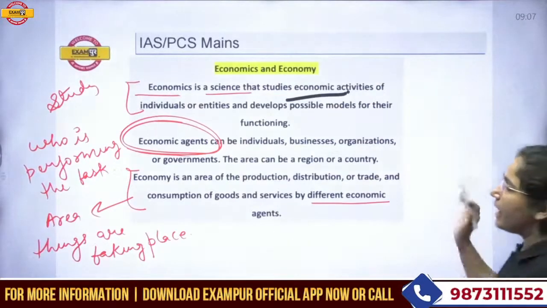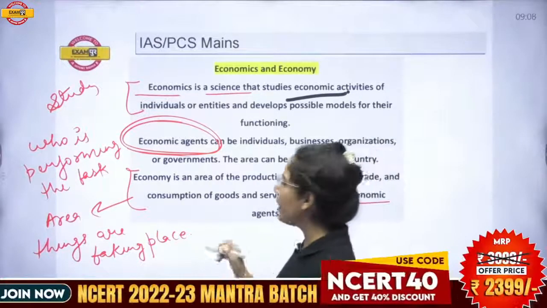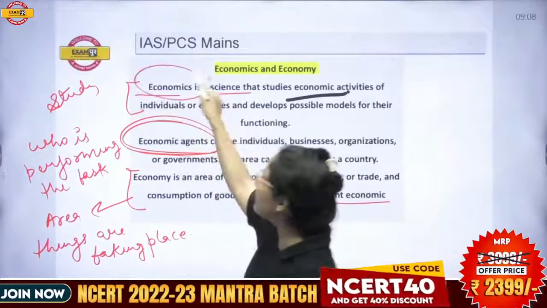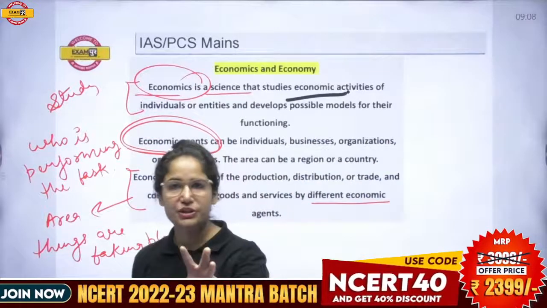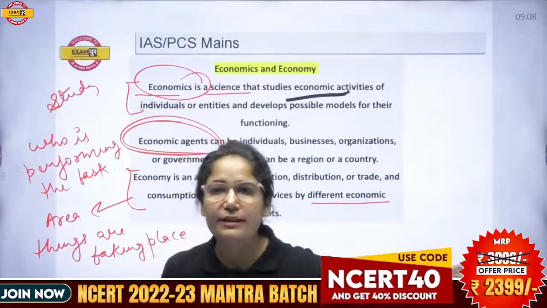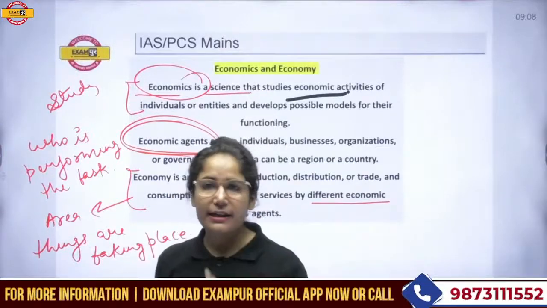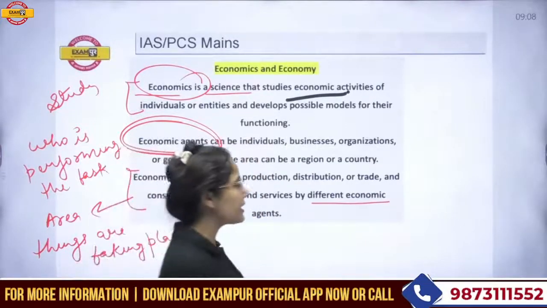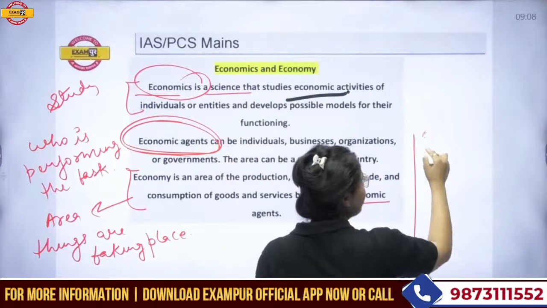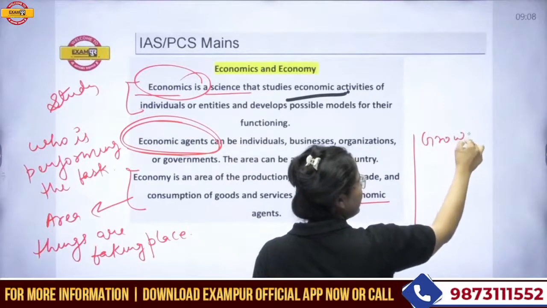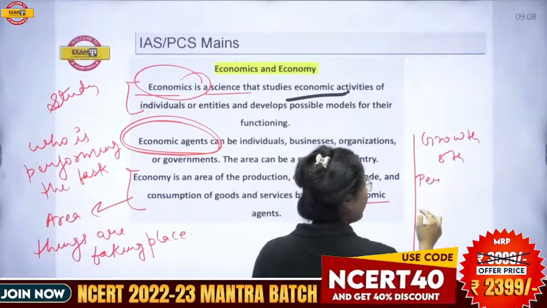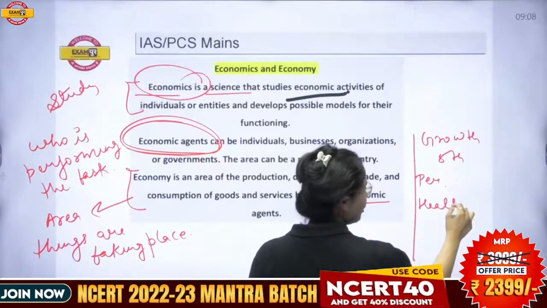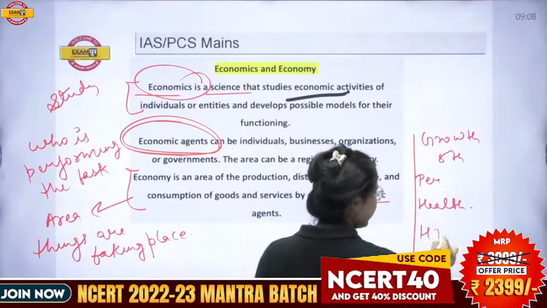So again, I am just explaining the point. What is economics? Economics is just the study we are making on production. What level of production have you made? What level of distribution scenario? Like a day before, I made you understand the growth rate, that it is in 5th position, and per capita and the health sector I have talked about, and HDI.